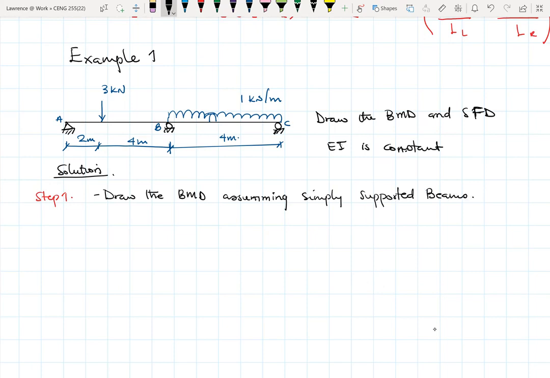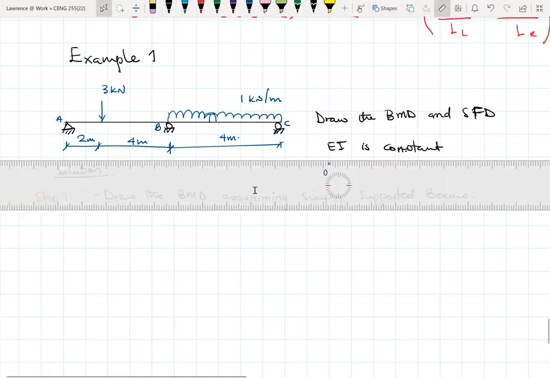Here we treat the spans as though they are simply supported. If I take span AB, I know B is an interior support, but I treat AB as though B is simply supported. Then I draw the bending moment diagram for that.